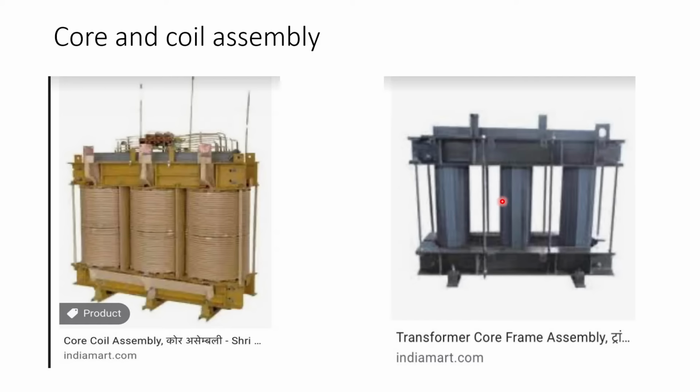So you have the core limbs or core legs where the windings are wound around, and you have the core clamps to hold the top yokes and the bottom yokes of the core together so they don't fall apart basically. And you have some tie rods, so some manufacturers might use tie rods. There are different technologies.